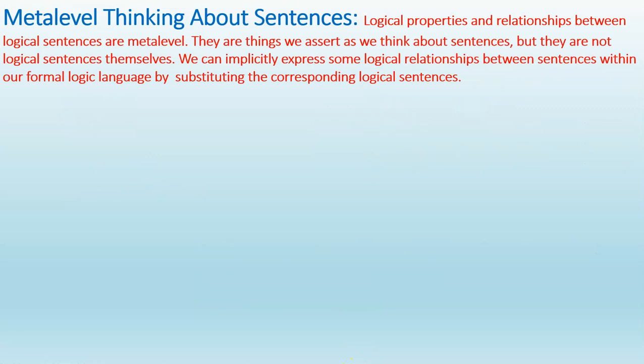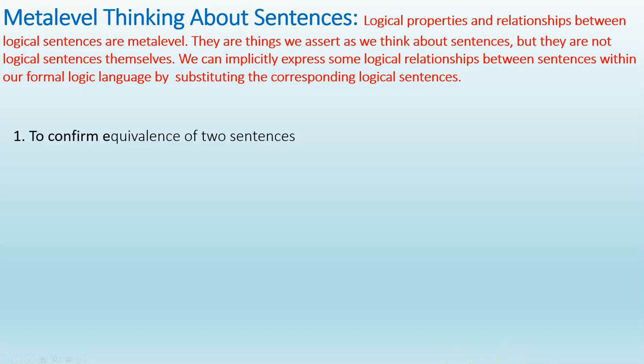So, okay, this talk about theorems has been really abstract and difficult. But I do want to close it out by saying the logical properties and the relationships between logical sentences are meta level. They are things that we assert as we think about sentences, but they are not logical sentences themselves. Okay, what does that mean?